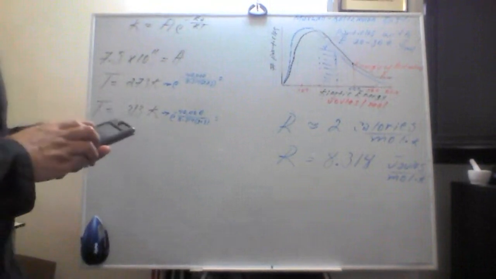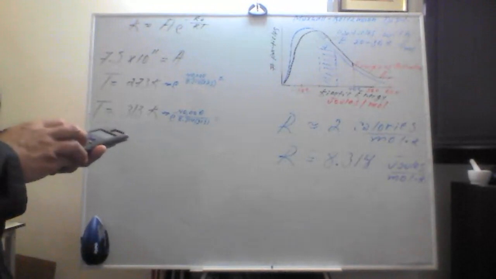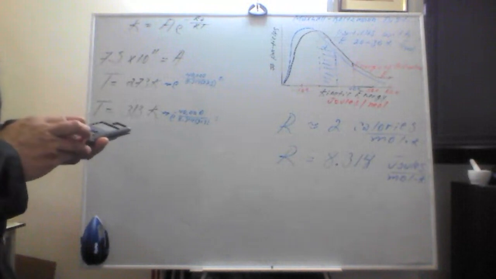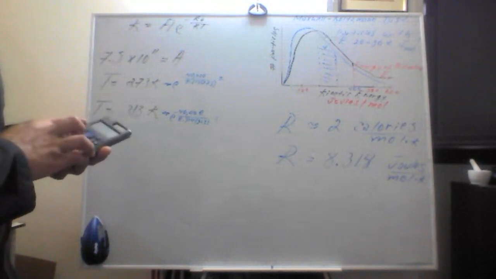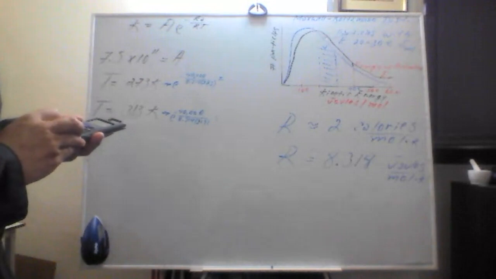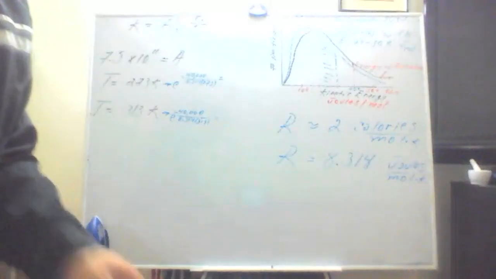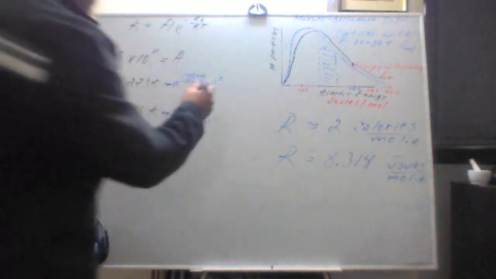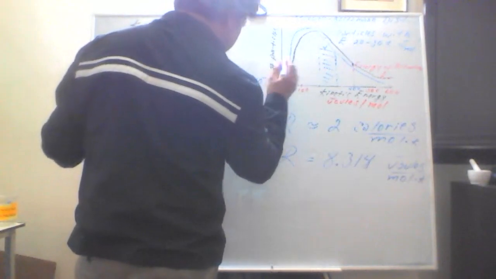So we have e to the minus 40,000 divided by the constant times 273 Kelvin. So we got this. We got 2.22 times 10 to the minus 8, right? That's the first number we got.